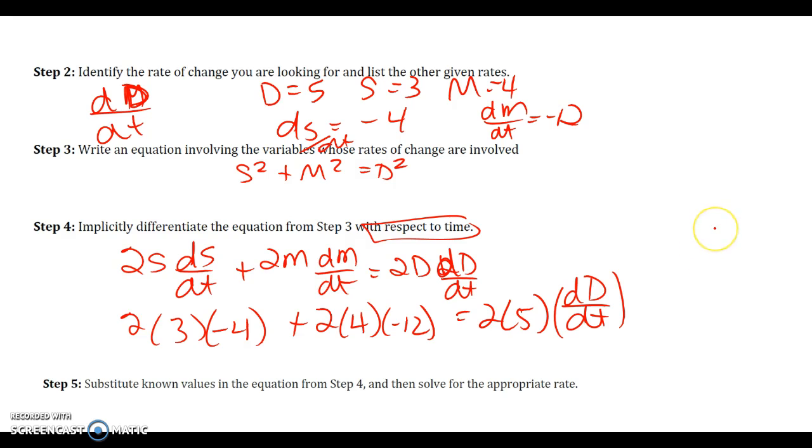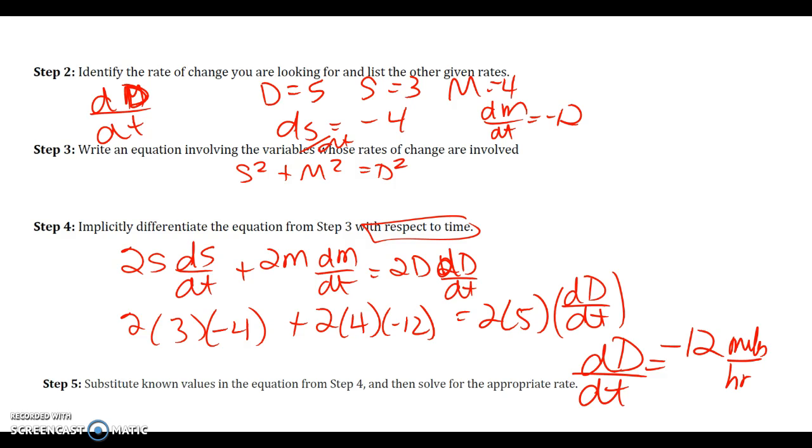If I do this problem and solve, I end up that the rate of change of that distance between them with respect to time equals negative 12 miles per hour. I think that's right. We ended up with negative 24 minus 96.